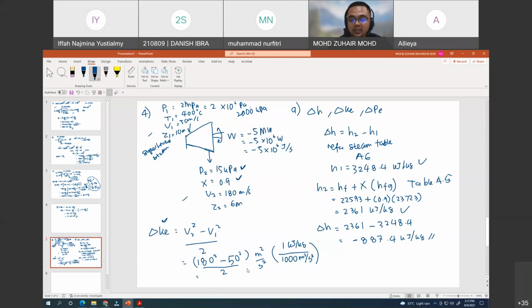So we are going to get at the end 14.95 kilojoule per kg. Okay, so this is for the kinetic energy. Don't forget about the unit conversion, especially when it comes to the kinetic energy as well as the potential energy.